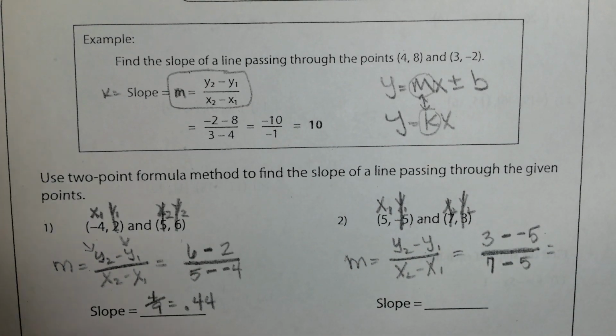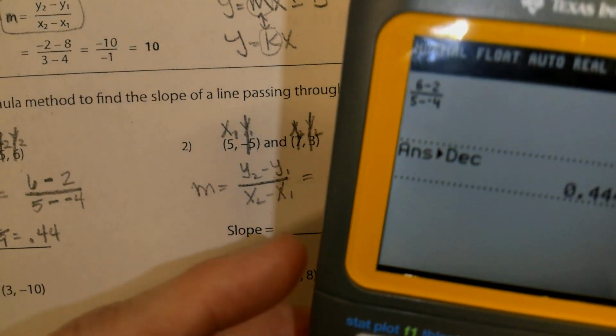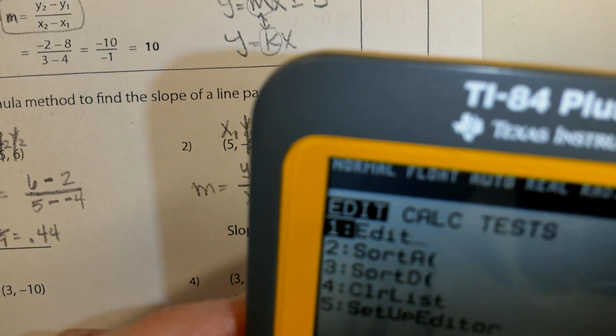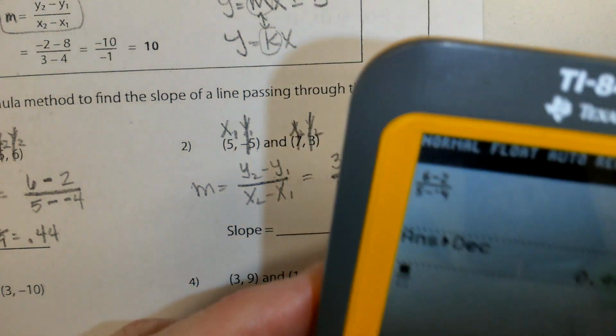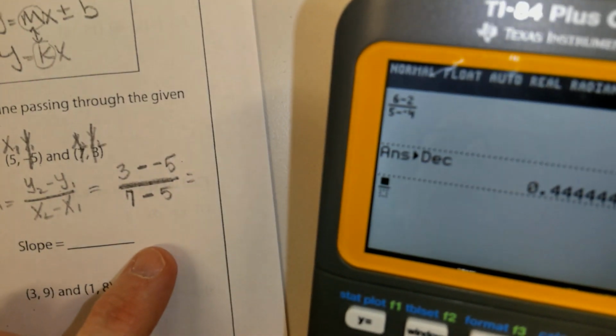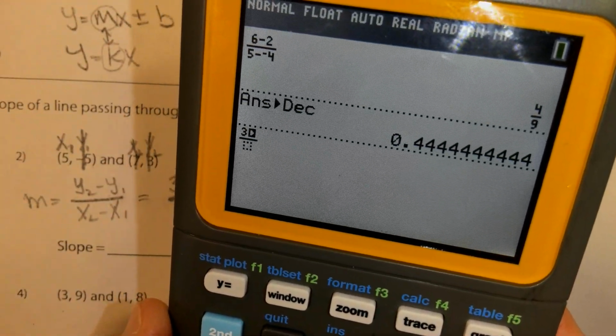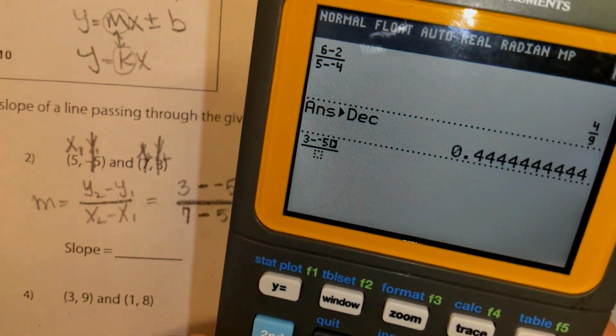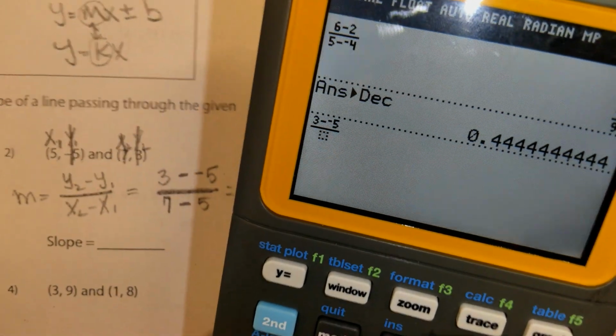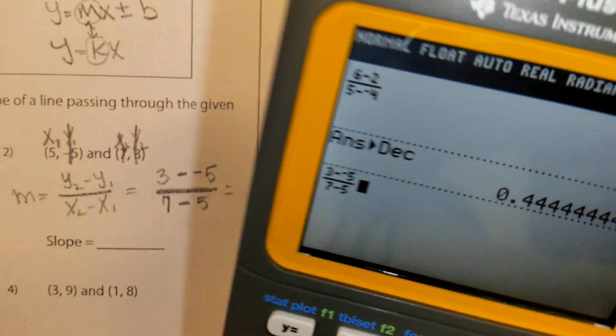Let's go to the calculator. Get your fraction framework in there. And let's start putting in our numbers. 3 minus -5, page down, over 7 minus 5. Go to the right.